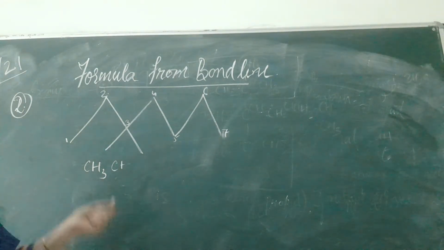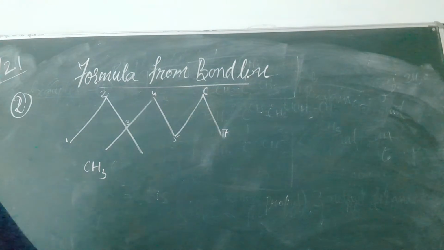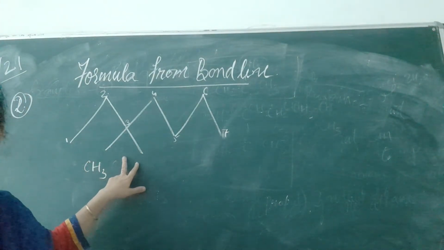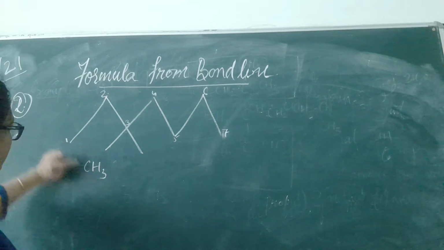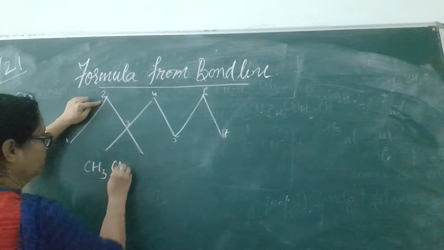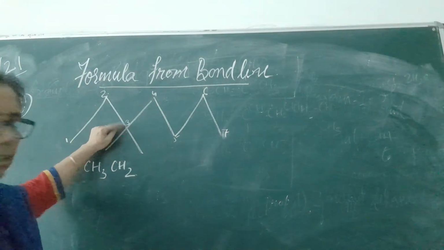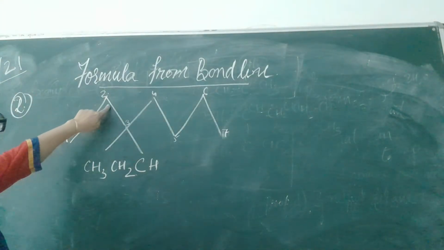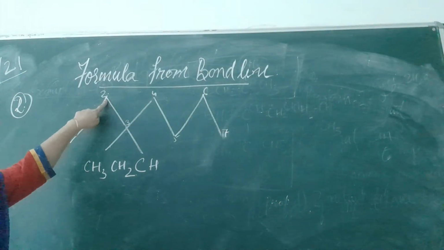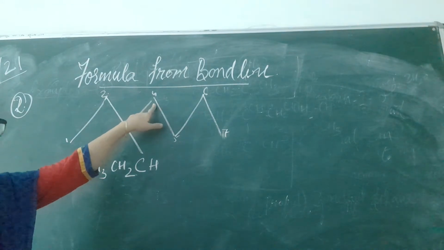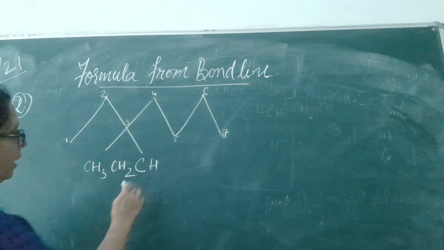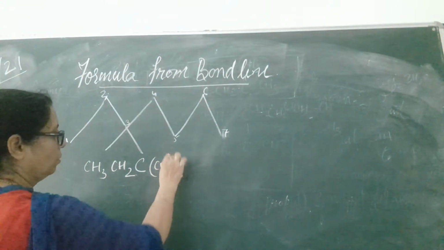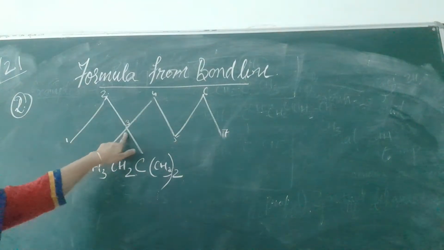Now we cannot write CH2 directly for the third carbon, because other substituent groups are attached there. So the first carbon will be CH3, the second carbon CH2, and the third carbon has 4 bonds. One is attached to the second carbon, the second bond is attached to the fourth carbon, and the remaining 2 bonds contain a CH3 group each. So 2 CH3 groups are on the third carbon.